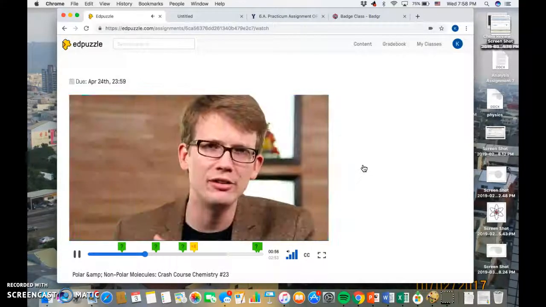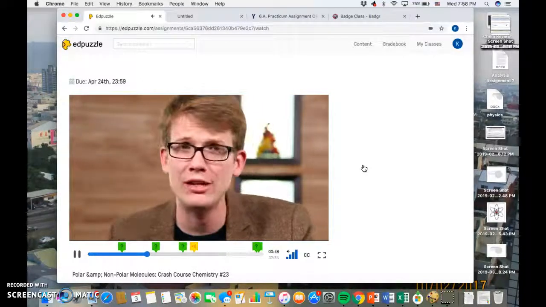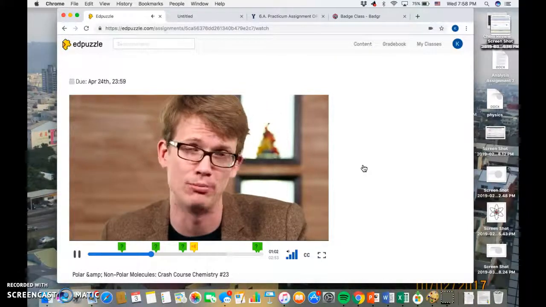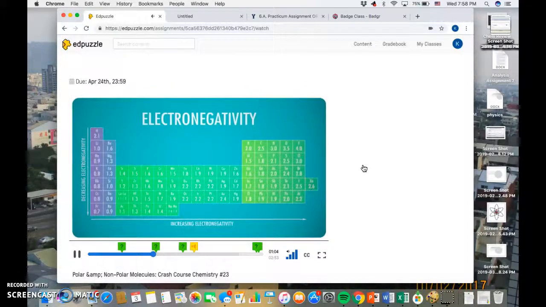Now, there are a number of other factors here, but just like the relationship between tweens and their latest boy band fixation, it's complicated and weird, and you probably don't want to think too much about it. But in this nice little map, you can see that the trend is pretty clear.